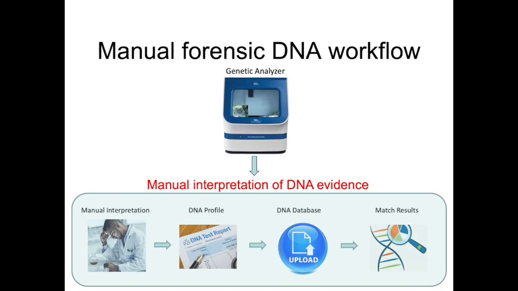And every step involves people typing, choosing, and the most common result with complex DNA mixtures is inconclusive, meaning that the cases go unsolved and they're never closed. So for all that work, nothing happens.